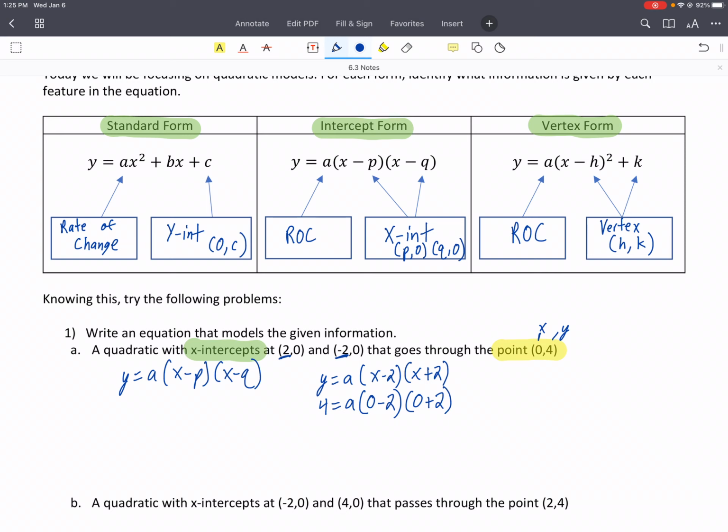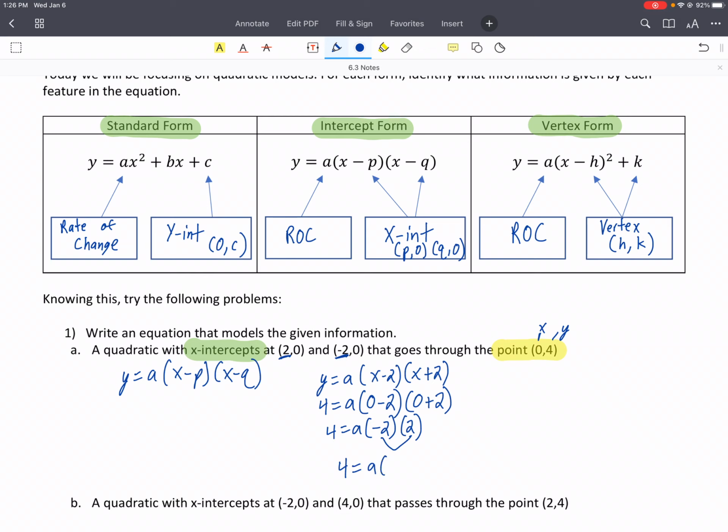Now we just crunch our numbers and see what we get. So 4 is equal to a times, 0 minus 2 is negative 2, and 0 plus 2 is 2. Now we need to multiply these two. Negative 2 times 2 is negative 4.